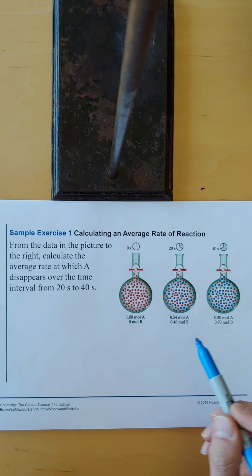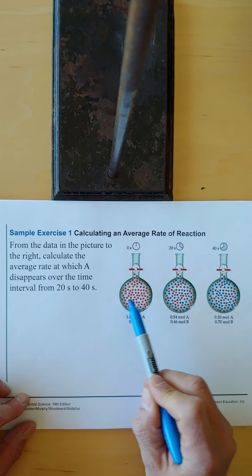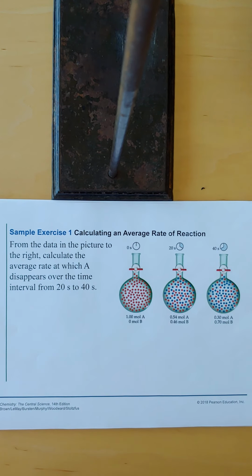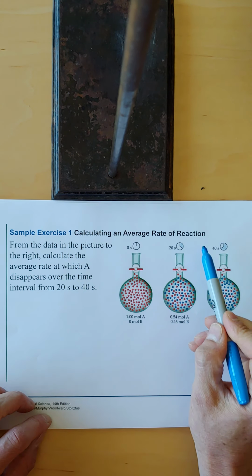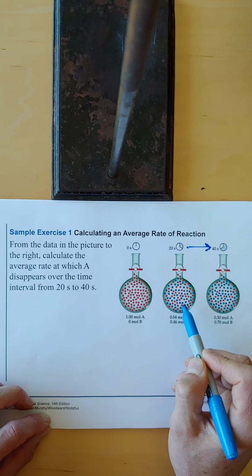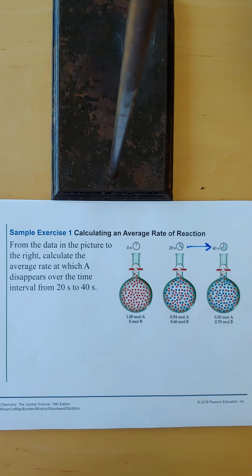Over time, we're increasing the amount of B present in the chamber, and decreasing the amount of A. What it's asking for is, what is the rate at which A disappears from 20 seconds to 40 seconds? So we're looking at this process here, from this amount of A to this amount of A. What would be the average rate at which A disappears?